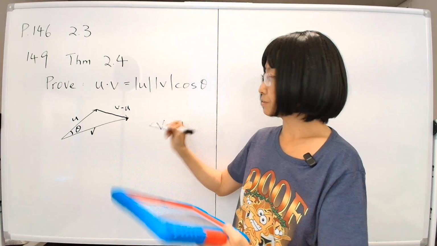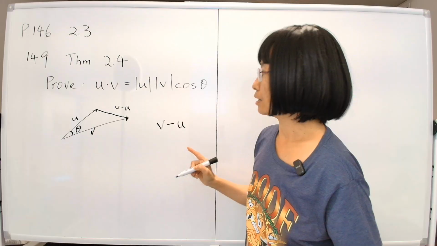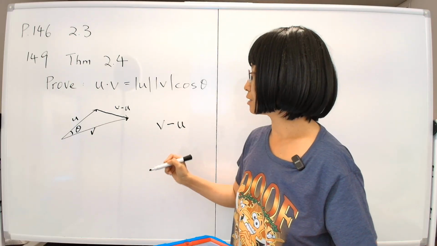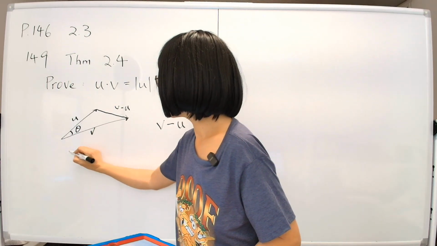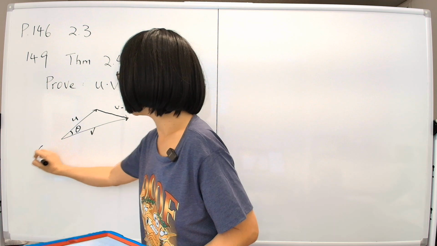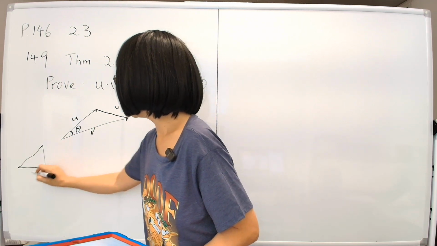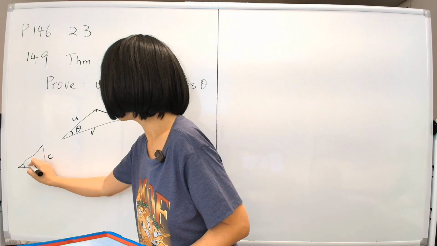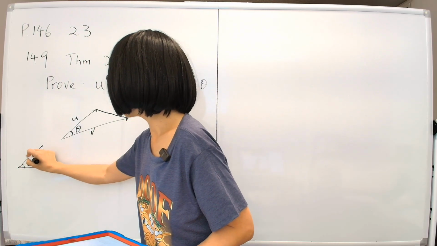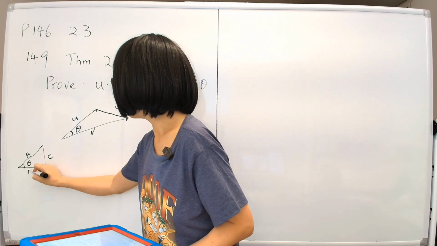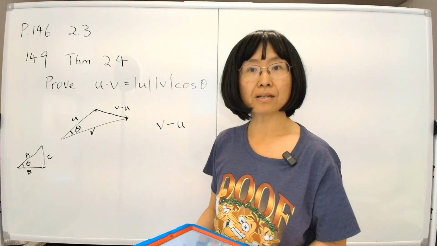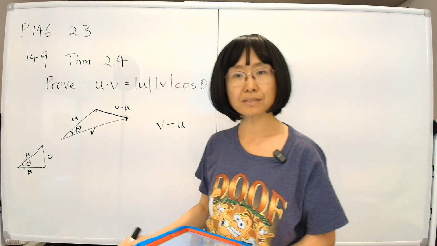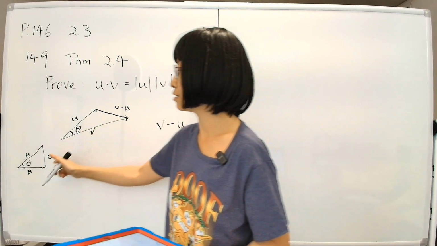What we're going to prove, first we're going to quote the law of cosines. What is the law of cosines? The law of cosines states that if you have a triangle ABC, where this is C, this is angle theta, and this is A, and this is B. The capital letters I have here represent the lengths of the sides of the triangle.